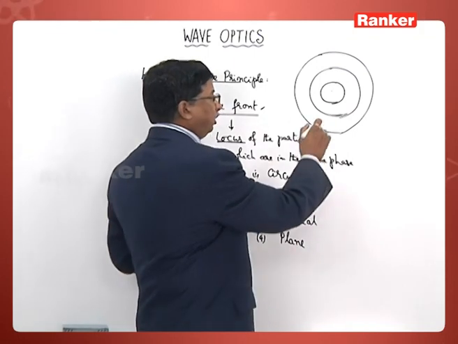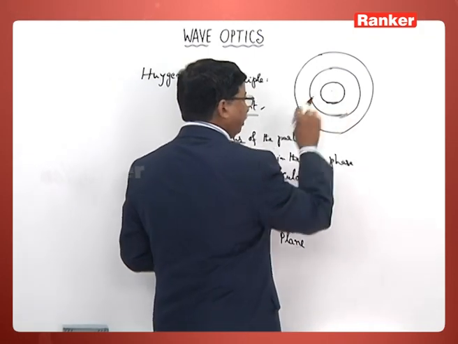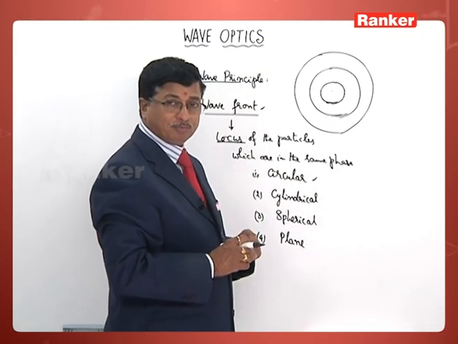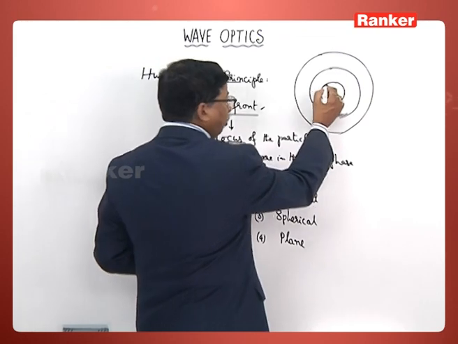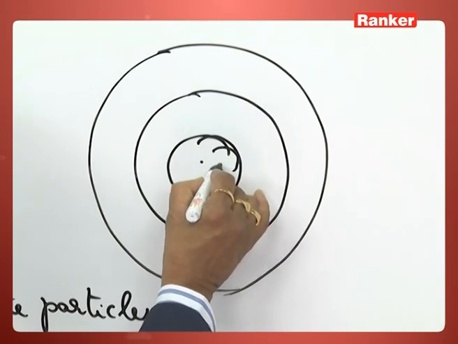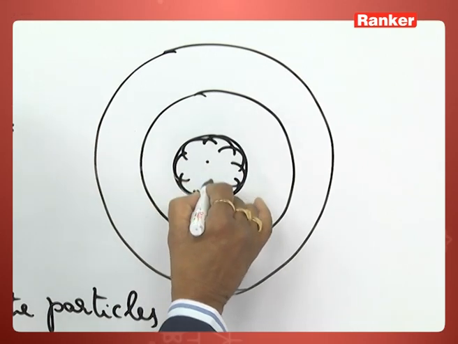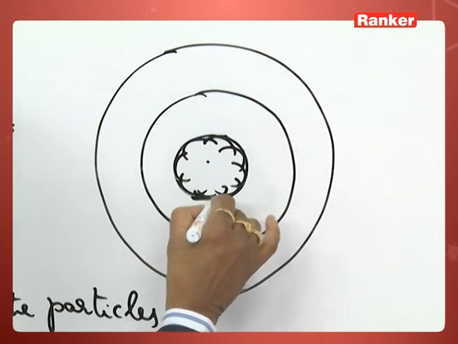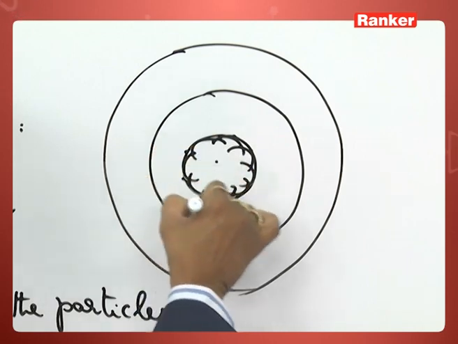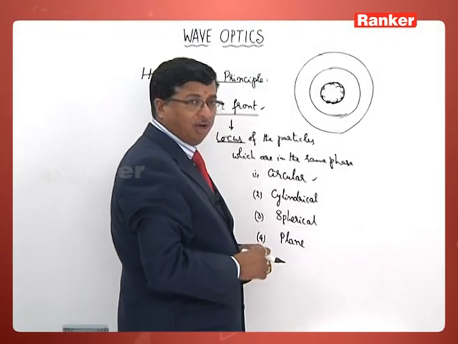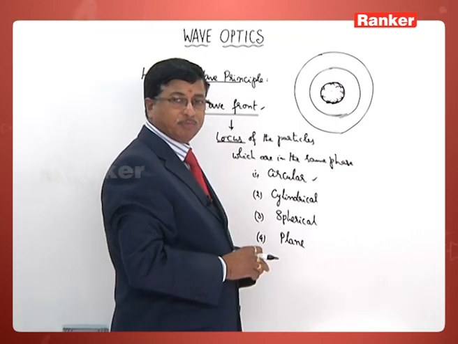The particles having the same phase, when you join them all, give a circle. That is a circular wavefront.